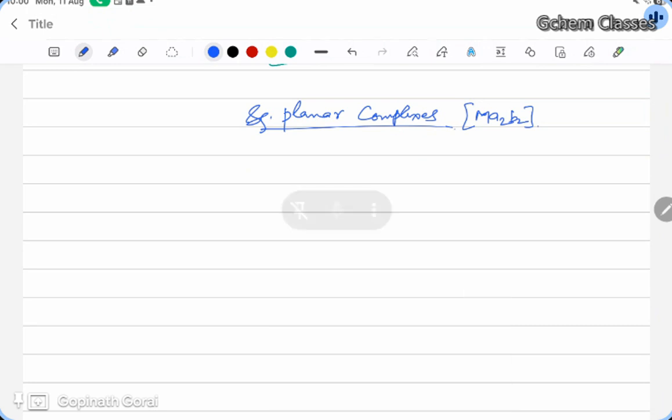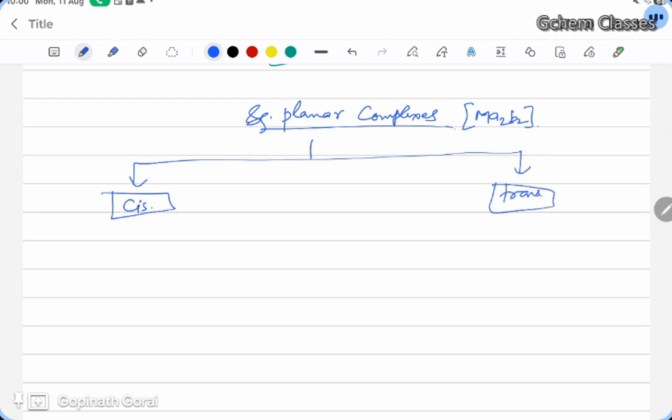So for an Ma2B2 molecule you have two types of isomers: either cis or trans. We don't have any optical isomers in this.